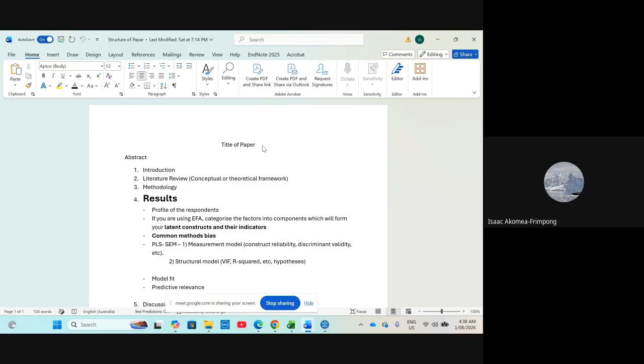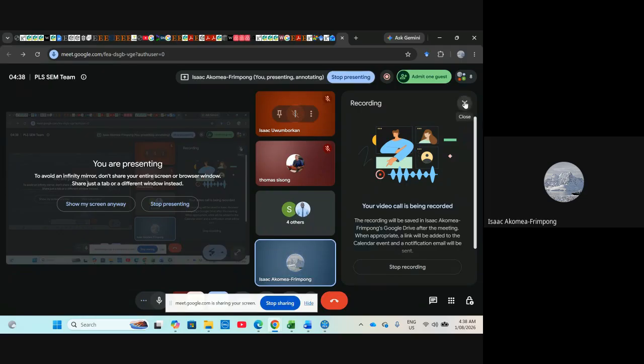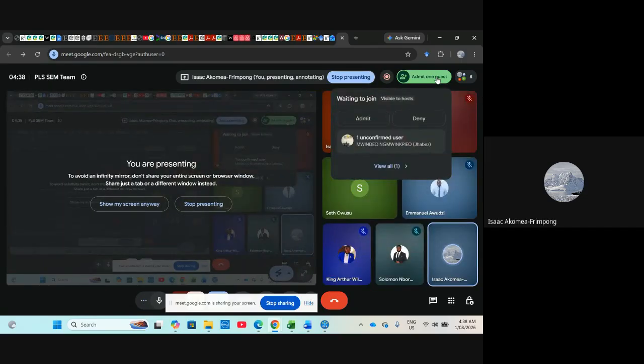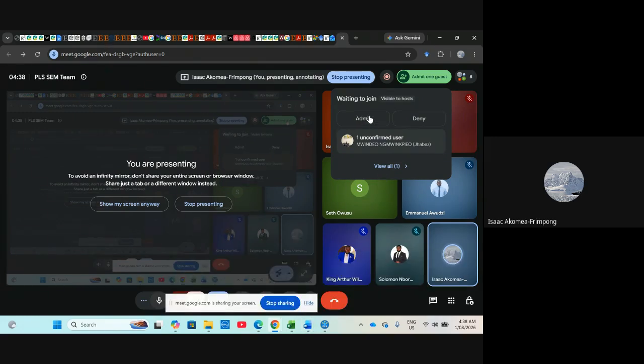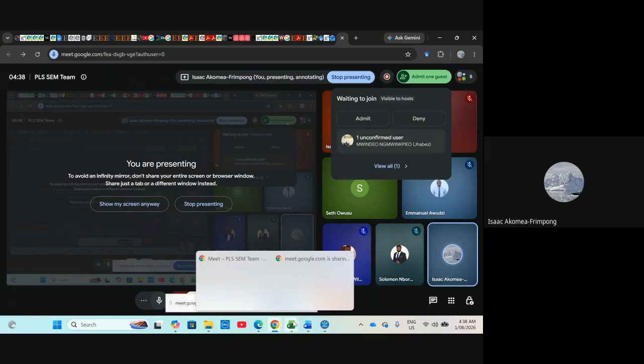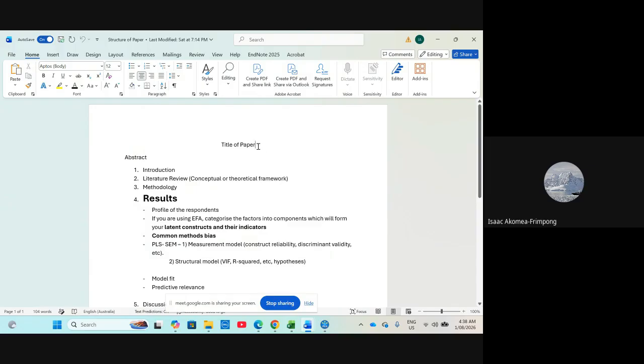As you are drafting a journal article, you must follow a certain pattern, a certain structure or system. You don't have to put it into work chapters.